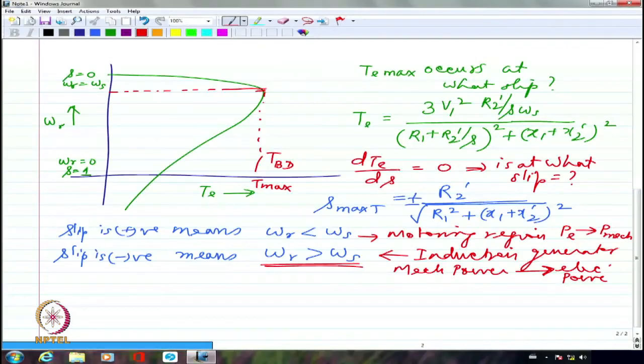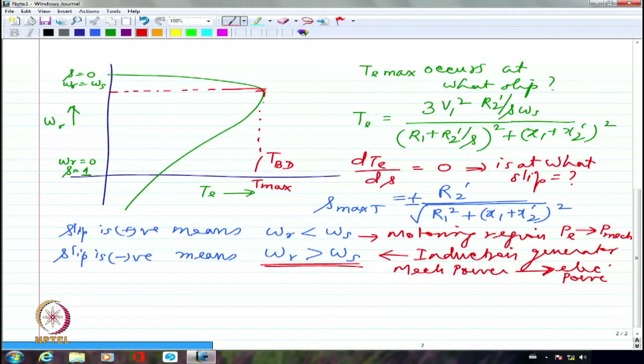So breakdown torque is the maximum torque that can be delivered by the induction motor at a given voltage, at a given frequency, because I am generally operating it from the grid. The grid voltage is fixed normally. It will be about 400 volts, 3-phase line to line, and 50 hertz roughly.